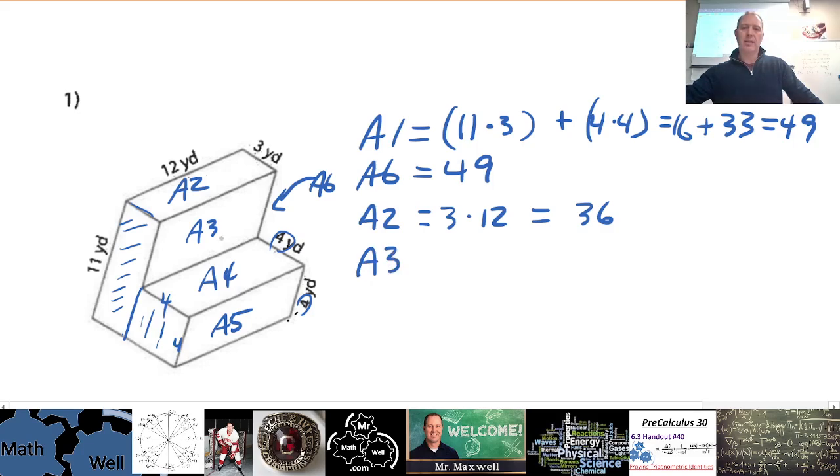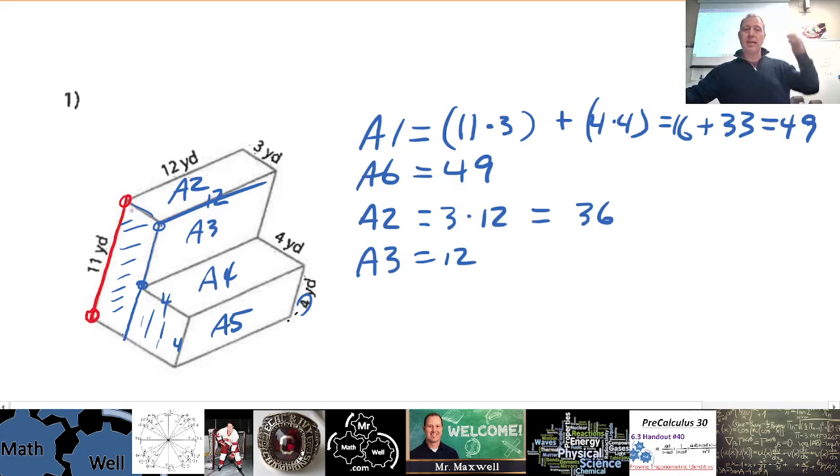A3 is going to be, now I know what this is, that's 12. Can I figure out what this side is? Is it given? This side is not given, but can I figure this length out? Ah, so the overall height of this is 11. So think about it as a bench.